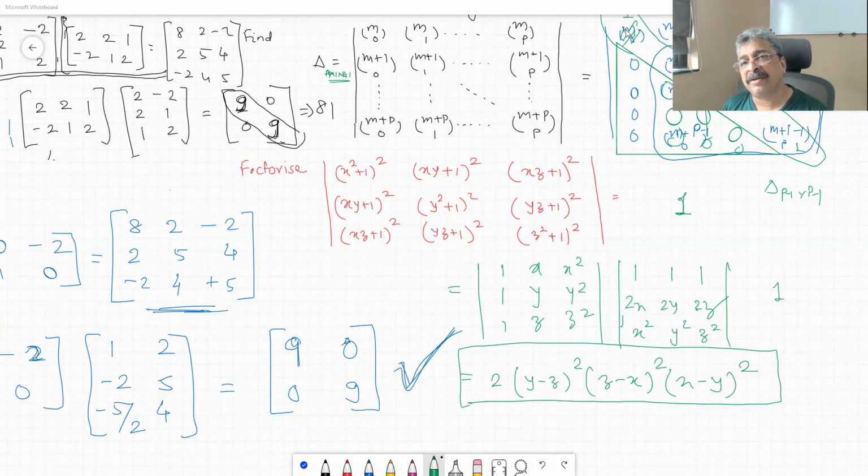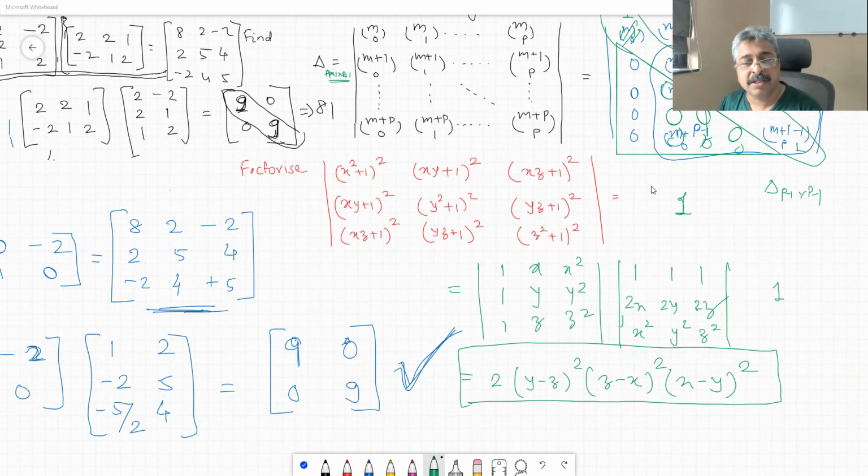However, the first entry will be 1 and all the entries in the first column will be 0. If we keep doing this, all the diagonal entries will be 1 and all the entries below the principal diagonal will be 0, and therefore this determinant will be equal to 1. That is the answer for question 2.